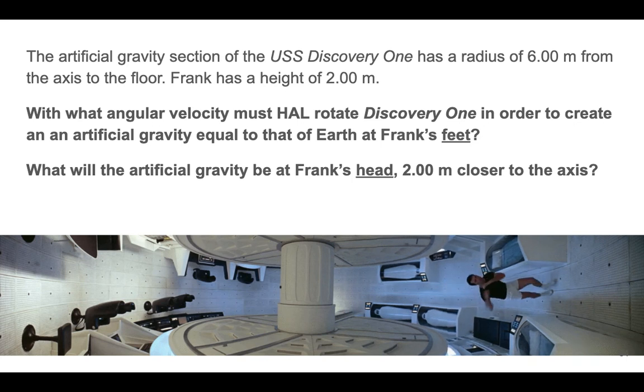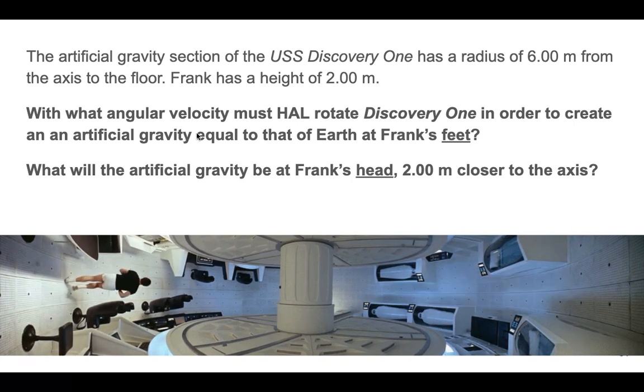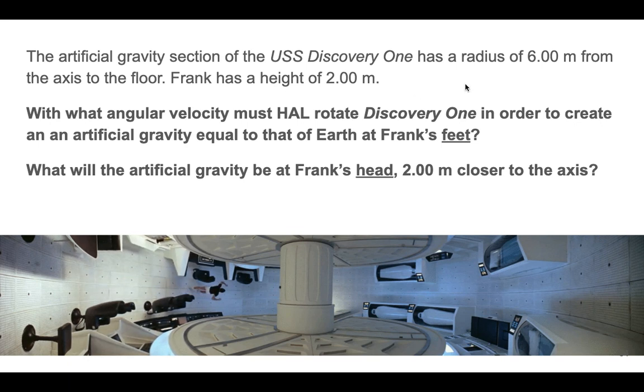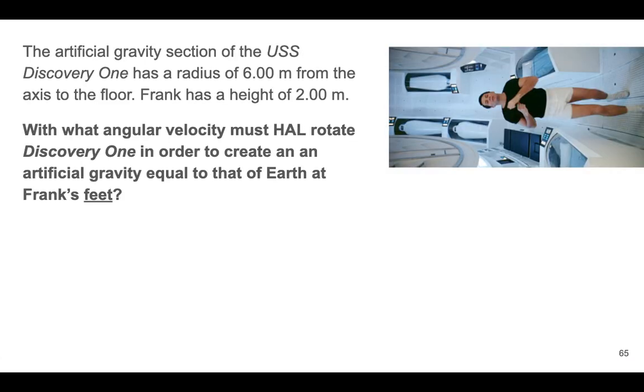So first part, with what angular velocity must HAL rotate Discovery 1? So what are we looking for here? We are looking for angular velocity, omega, and it will be in units of radians per second. So how do we do this? We want the centripetal acceleration at Frank's feet to be equal to the gravity on Earth.